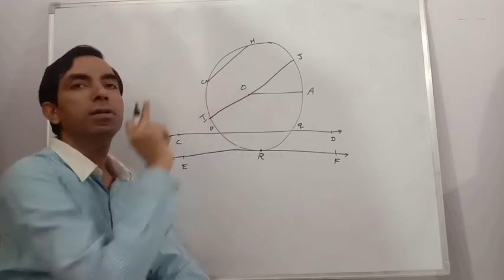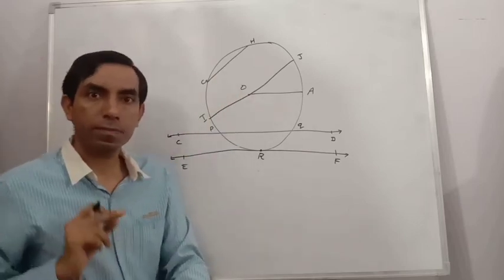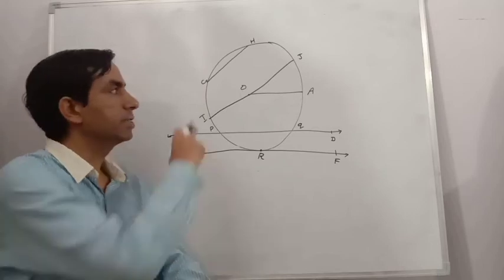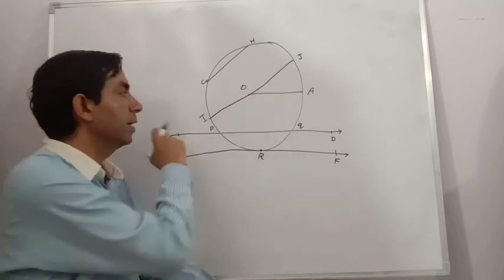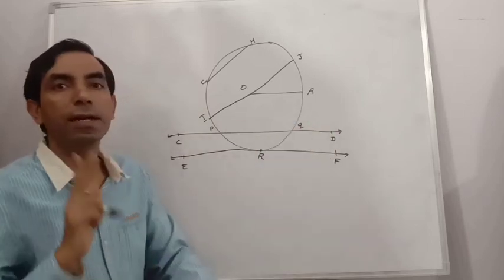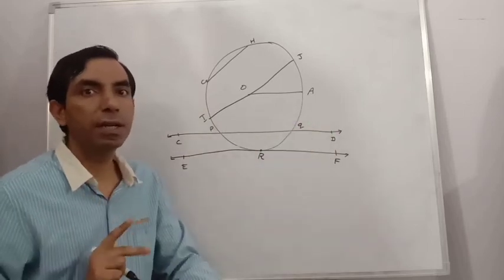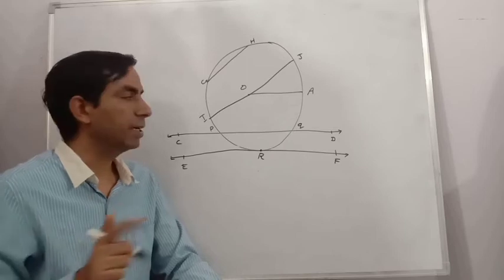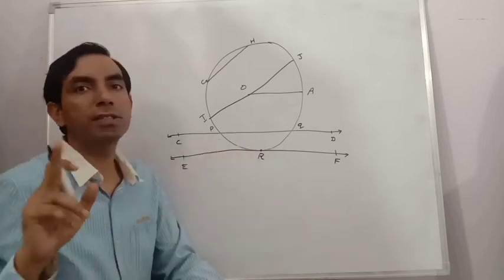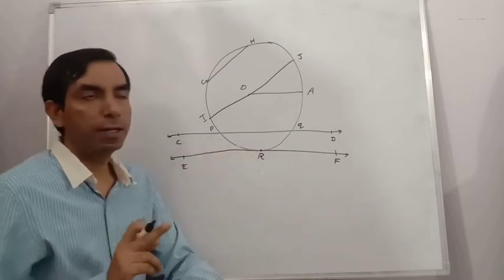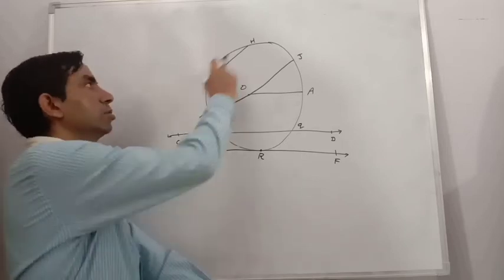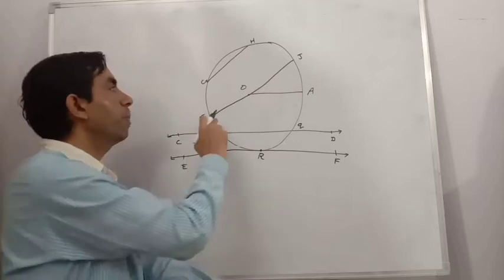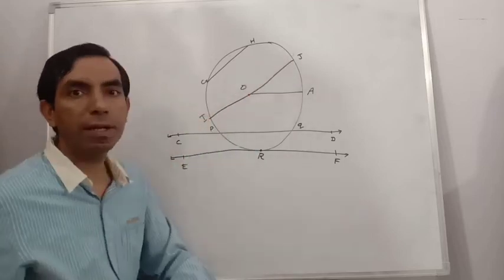The fixed point is called center, and the distance is called radius of circle. If a line intersects a circle at 2 points, that is called secant. If it intersects at only 1 point, that is called tangent. A line segment joining 2 points of a circle is called chord, and a chord passing through the center is called diameter.